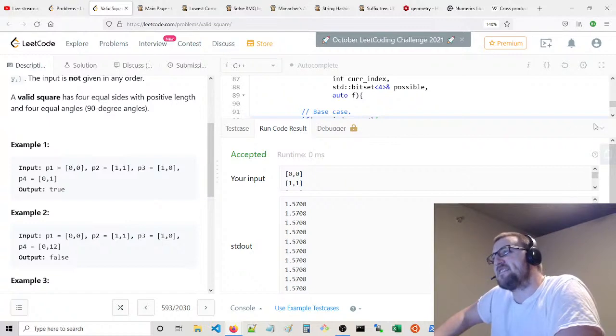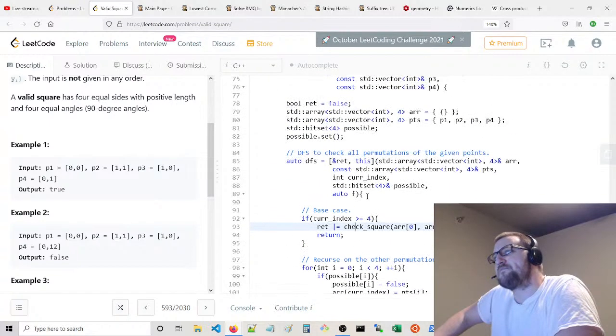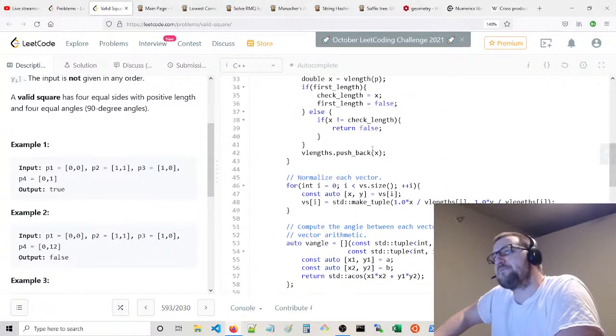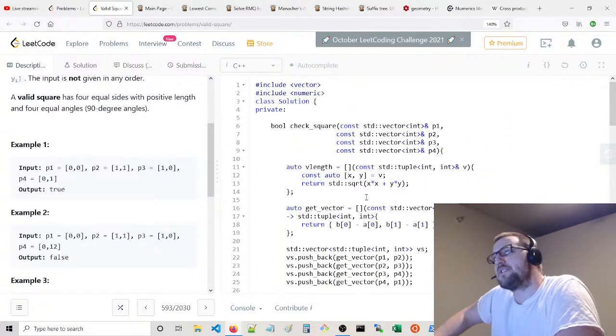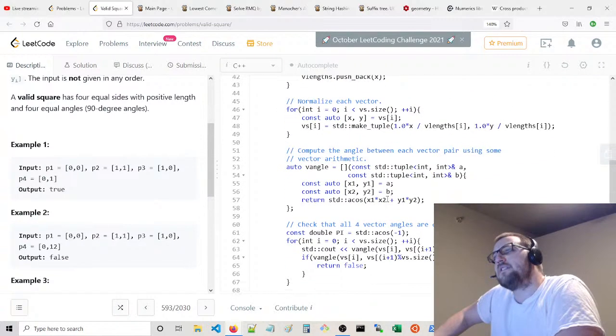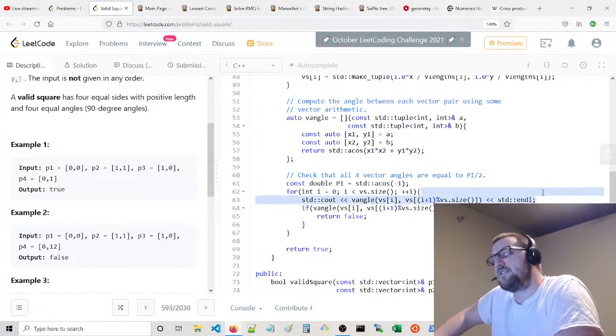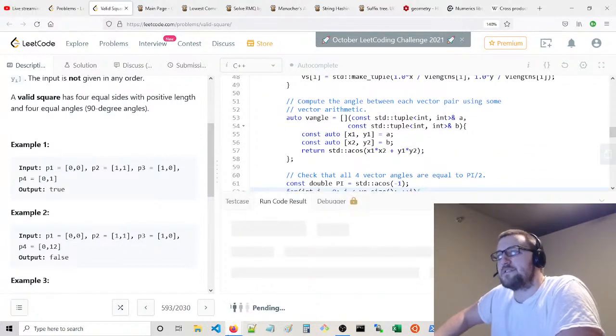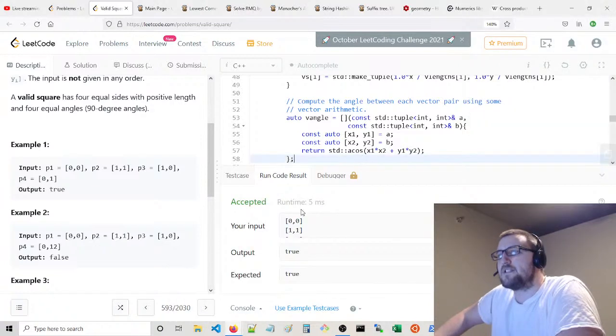That's good. Very good. Those are the different angles. So there we go.